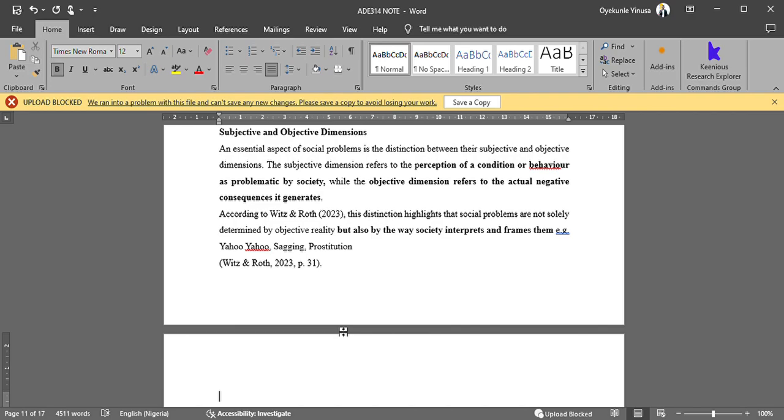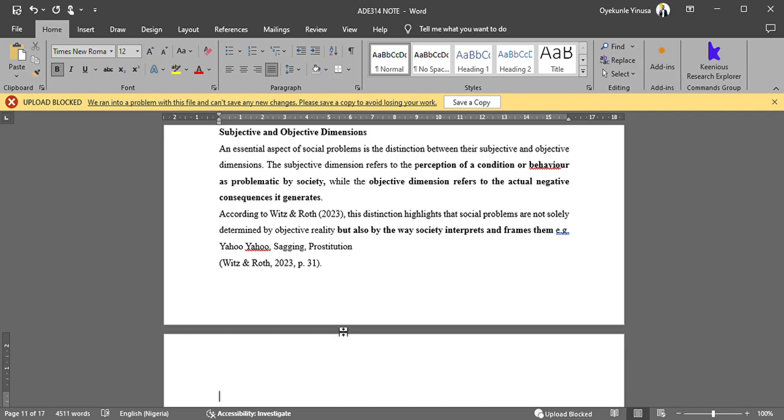Any form of issue, behavior, or condition that the society adopts outrightly, without reflecting on or analyzing it to determine the consequences, will have a negative implication later on. And that's what we are experiencing in our society today.